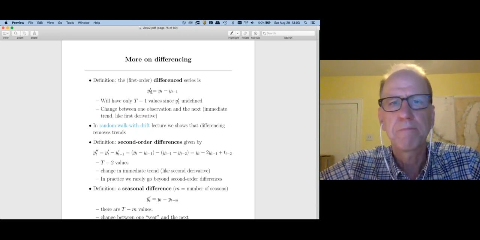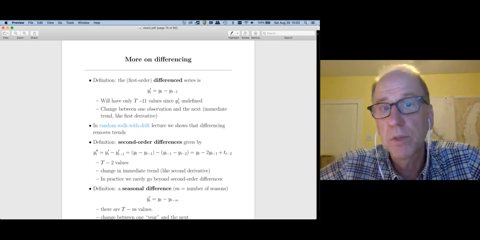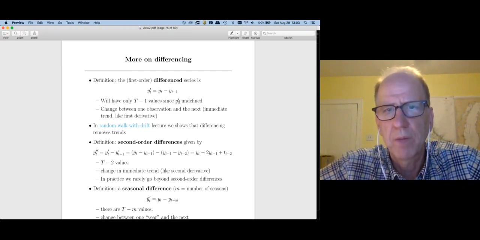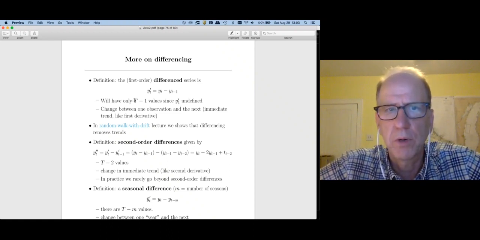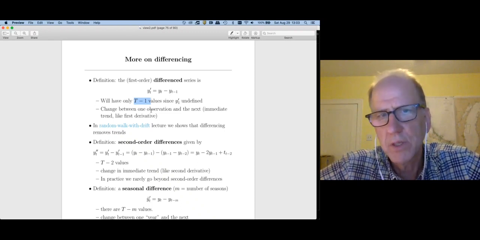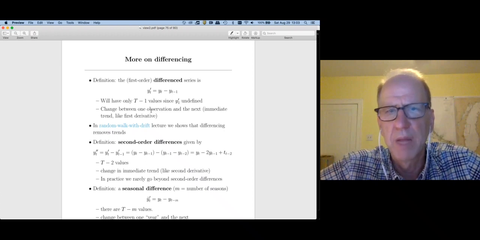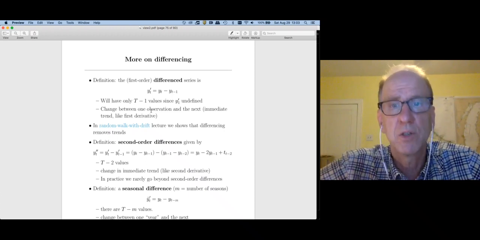That prime sign is reminiscent of a first derivative. A couple things to notice about this. We don't have a value y0, so I can't compute y1. Therefore, I only have t minus 1 values. The interpretation of this is it's simply the change between one observation and the next. So I like to think of this as the immediate trend.